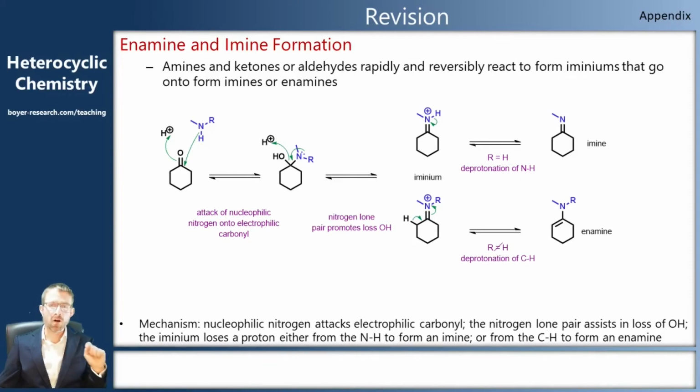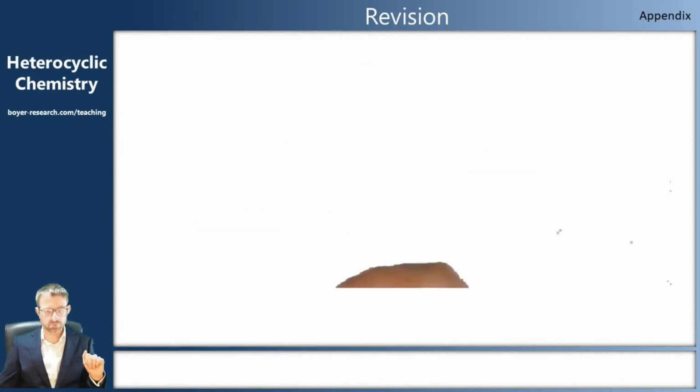And if the R group on our amine is an H, i.e. a primary amine nucleophile, we'll get deprotonation to give the imine. And if it is not an H, then we'll get deprotonation of the carbon to give the corresponding enamine. This whole process is reversible, and it's very important in many of the syntheses we will see later on.